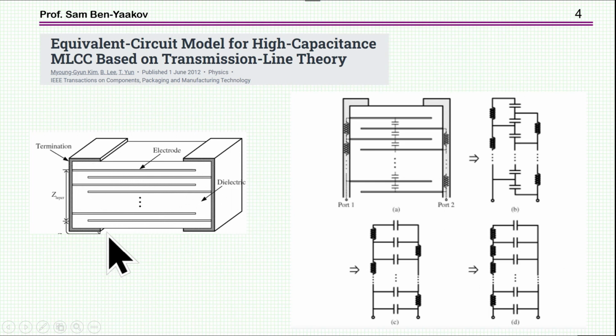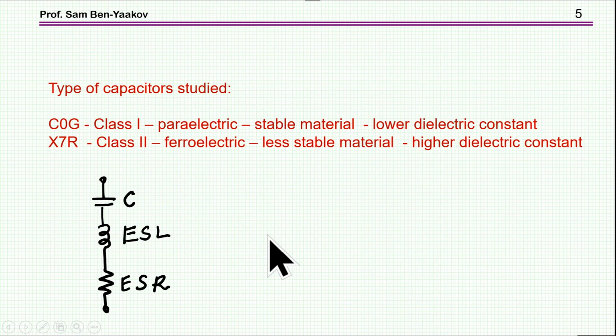These are the contacts, and of course, consequently, the equivalent circuit is not simple. We have capacitances, and then in between actually inductances, so it's a sort of a distributed system. It's not a basic, simple, discrete system, but we usually describe this as a lumped circuit with 1 capacitor, ESL, and ESR.